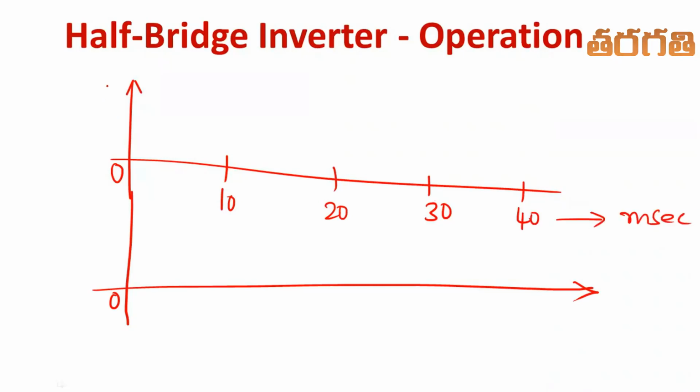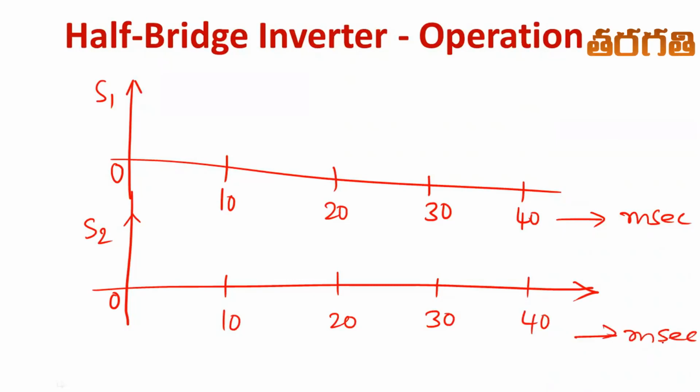Suppose I want to apply the trigger pulses to S1 and S2, I need a pulse having a width of 10 milliseconds.